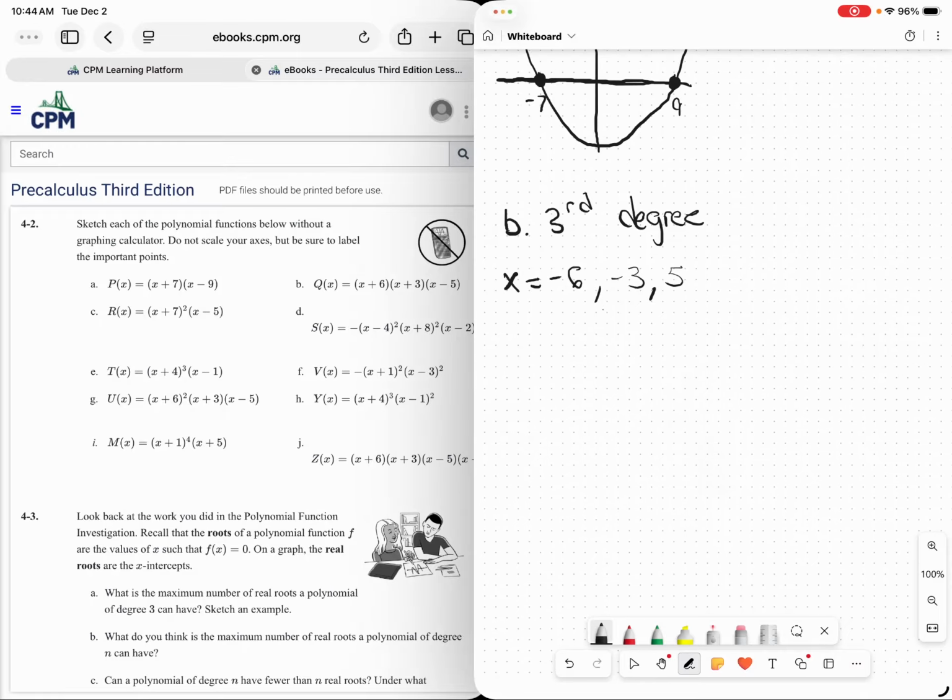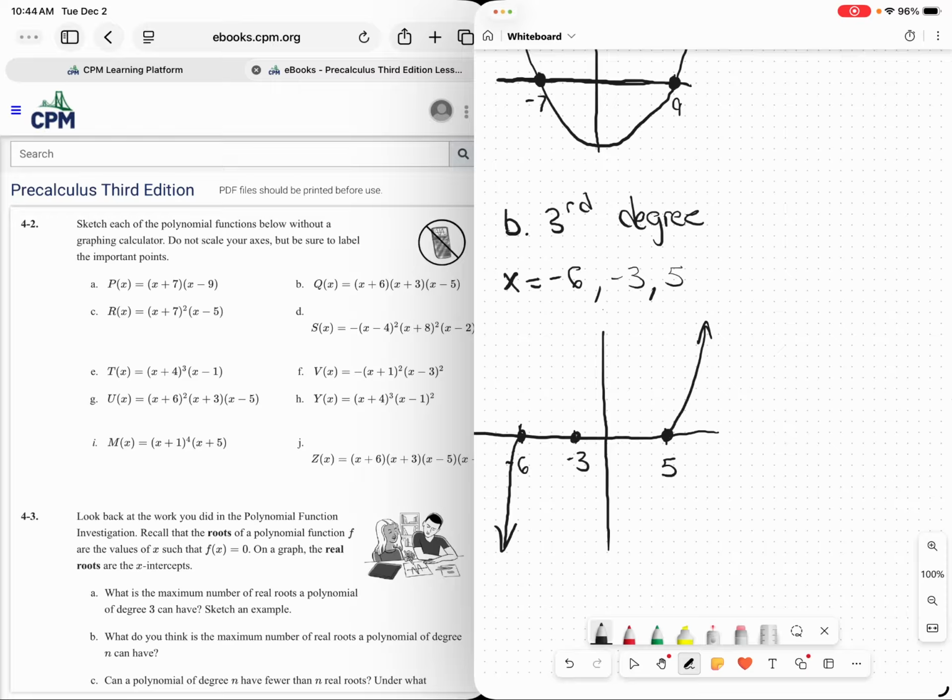Again, if we're graphing this, we have negative 6, negative 3, and 5. Now a third degree, or a cubic, an odd function, you have different end behaviors. And so your end behavior is down and then up towards infinity.